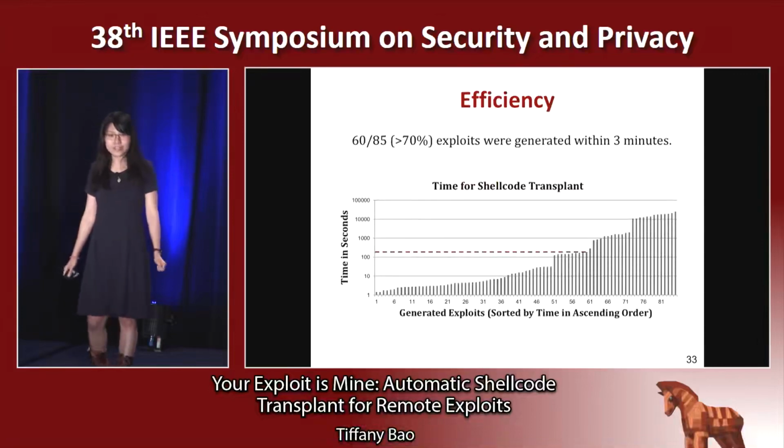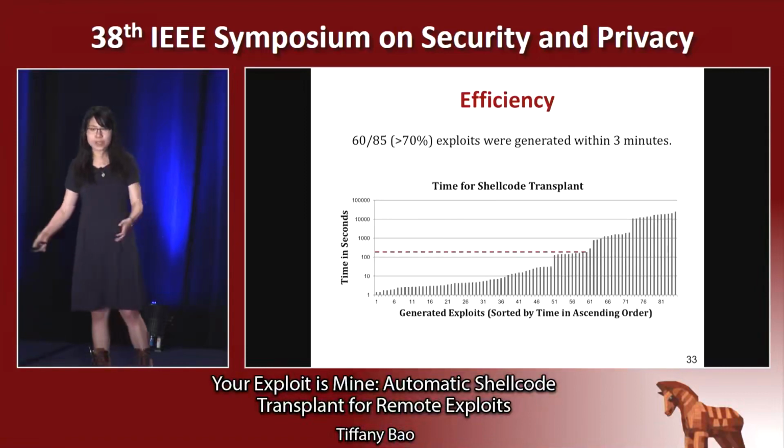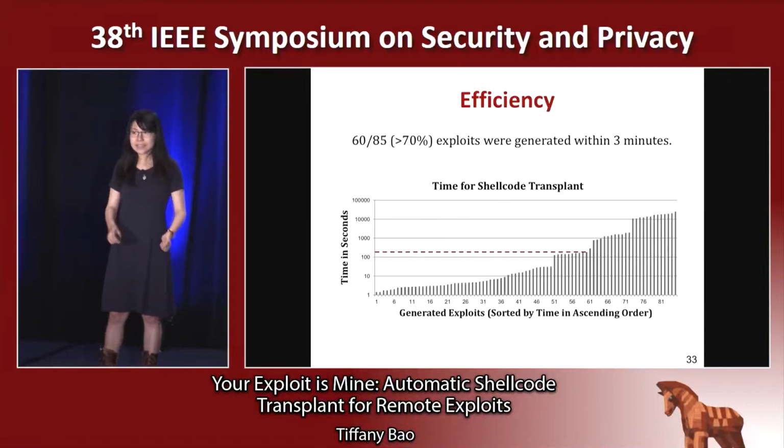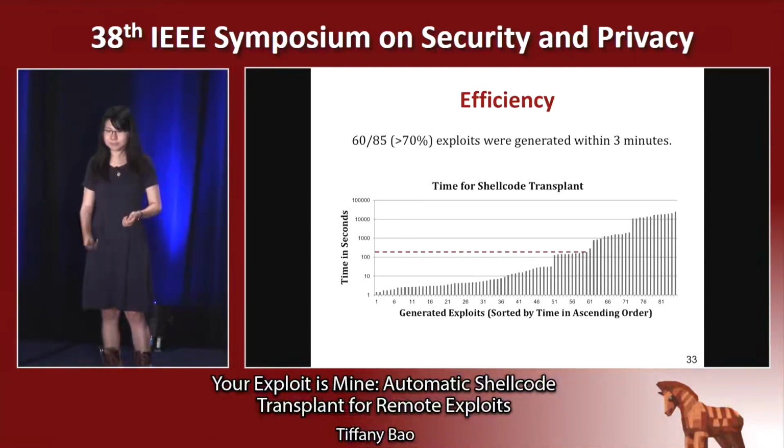We also evaluate our system ShellSwap in terms of the performance of generating those new exploits. And we show it in this chart. The x-axis are those exploits sorted by time in ascending order, and the y-axis is the time spent in seconds, and it's in logarithmic scale.